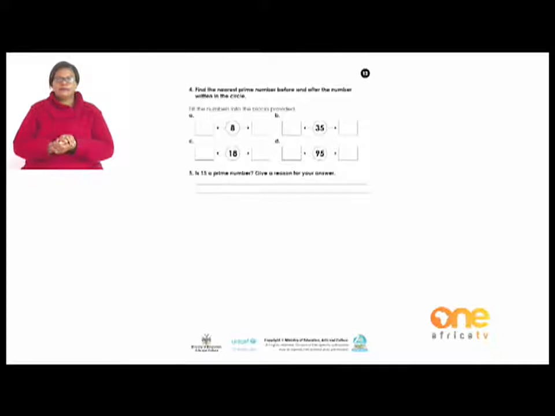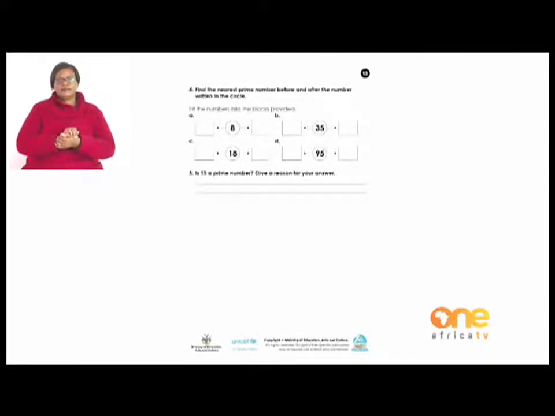Page 13 is asking, find the nearest prime number before and after the number written in the circle. Now, if we look at A, there is the number 8 there.